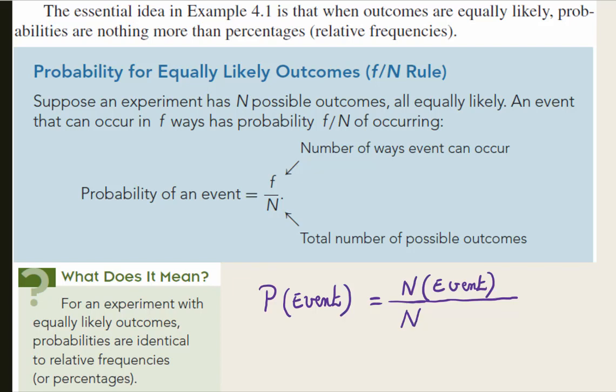So P(E) is equal to NE divided by NS. It means the same as F over N, which is the number of ways an event occurs divided by the total possible number of outcomes.